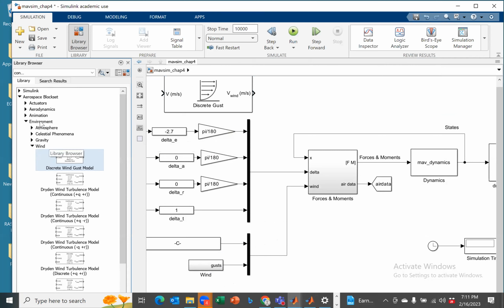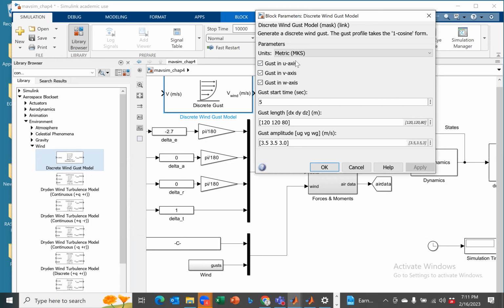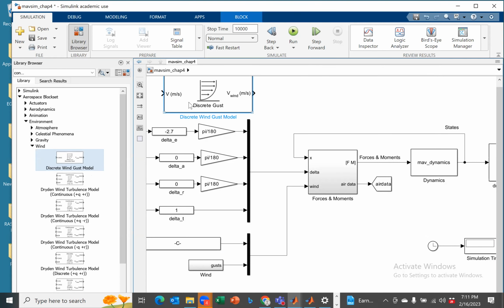You will go to environment. You will go to wind and grab this discrete wind model. Grab it over here and place it over here. It's going to need an input airspeed. V stands for the airspeed. So you need to supply a constant airspeed, and then it will give you the corresponding wind values.